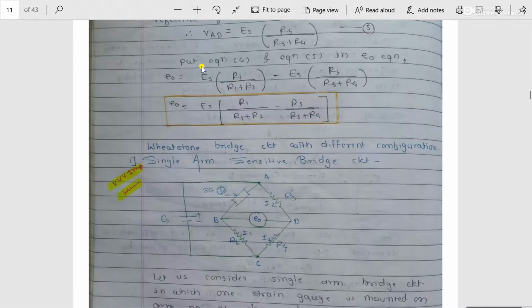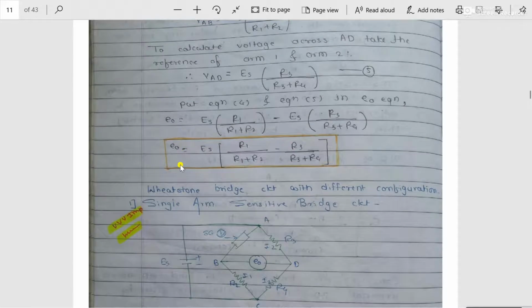So here from this particular term the ES is present, for this particular term also ES is present, so take that ES as a constant term outside the bracket, and finally I will get the equation, that is E0 is equal to ES in bracket R1 upon R1 plus R2 minus R3 upon R3 plus R4, and this particular equation represents the output of Wheatstone bridge circuit.